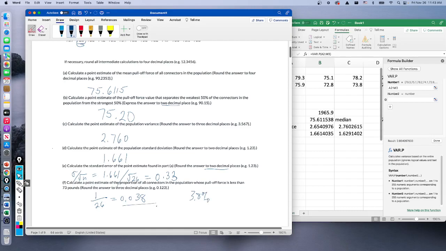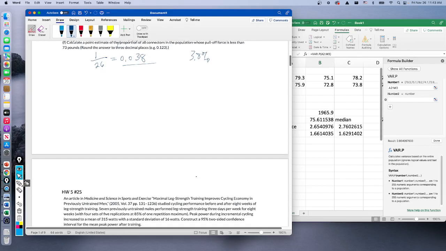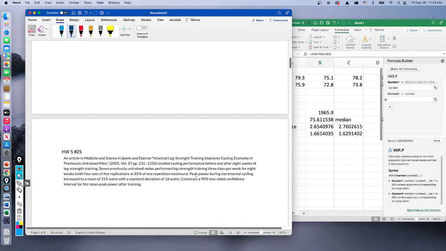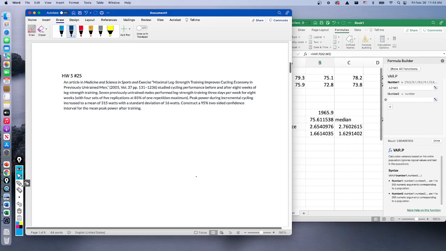Now they want the decimal, I'm sure, so 0.038, about 3.8%. Okay, so that's a point estimate, and that's what we got there. Next question to take a look at.